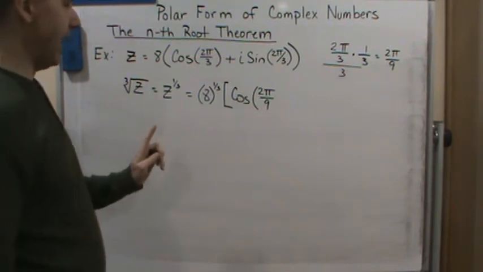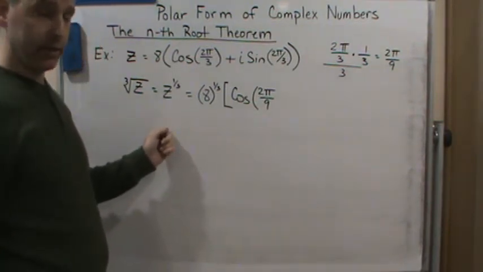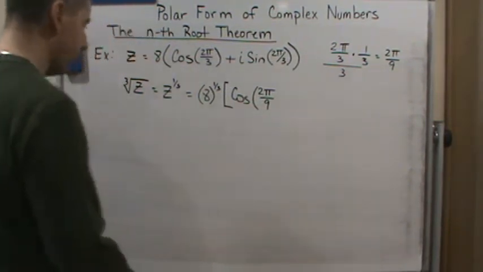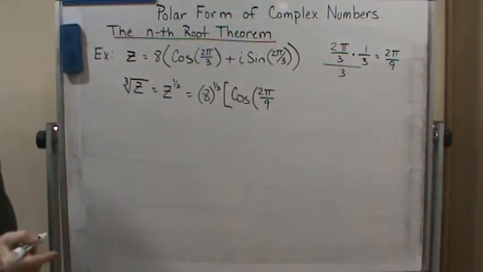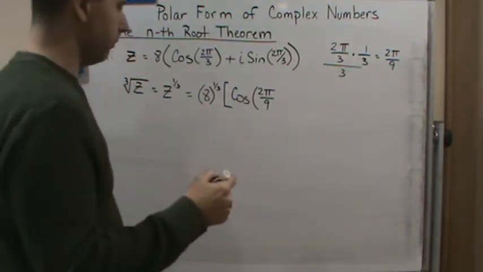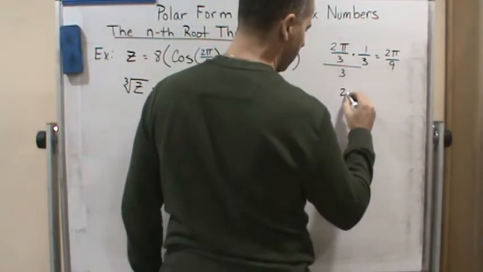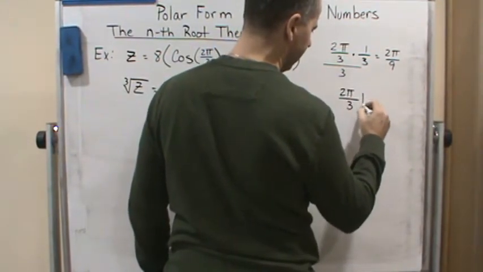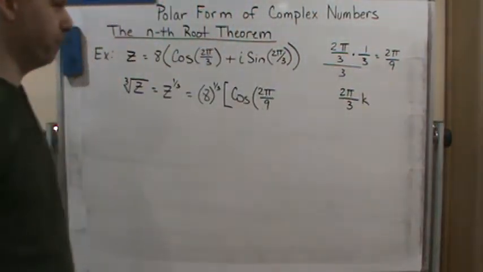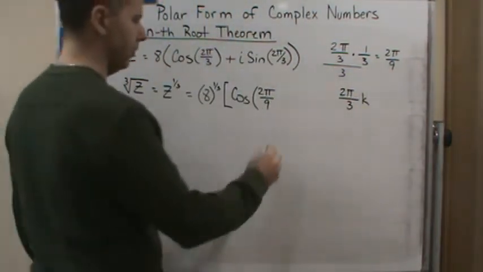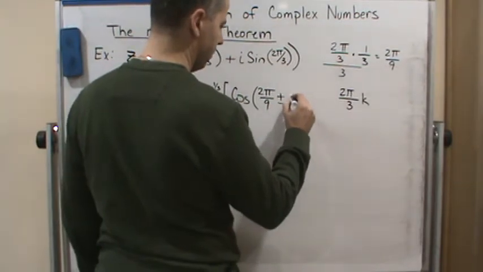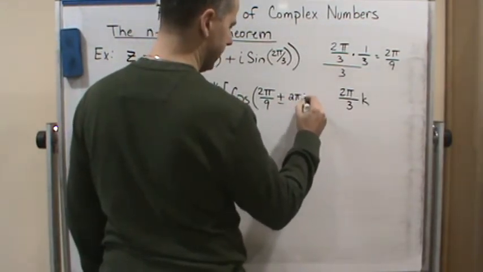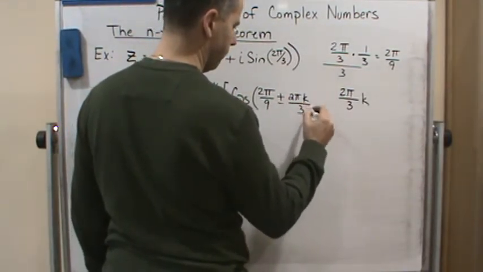Now, but I also have to add plus or minus 2 pi k over n. Okay, so it's 2 pi over, in this case, 3 times k. Right? So that's going to be plus or minus 2 pi k over 3.